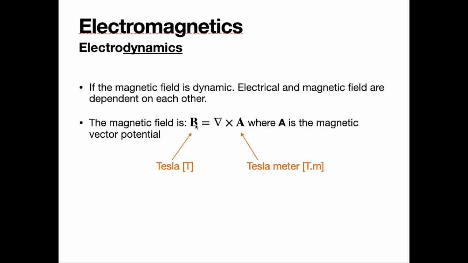So we have a relation between a field and its potential field, A. Here it's important not to confuse: A in bold font is the vector, that is the magnetic vector potential, and the unit ampere, which is A, or A here.